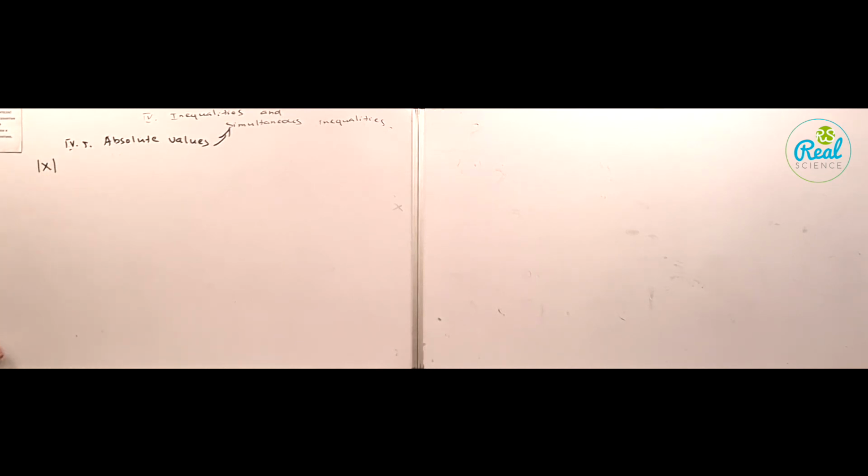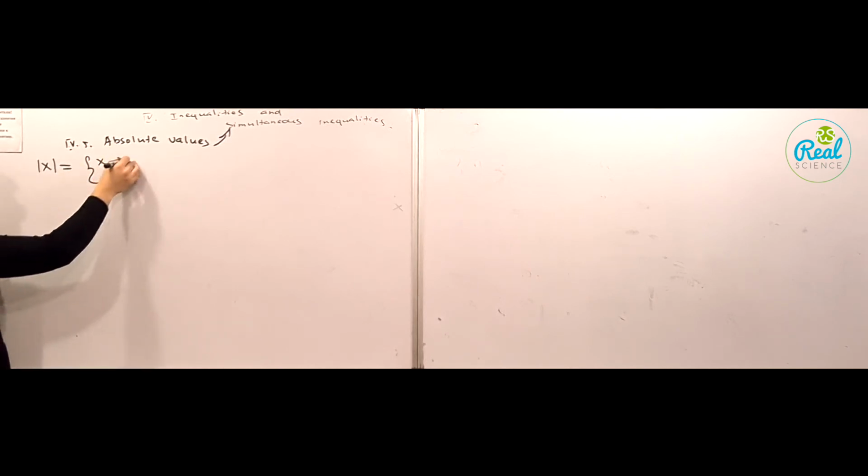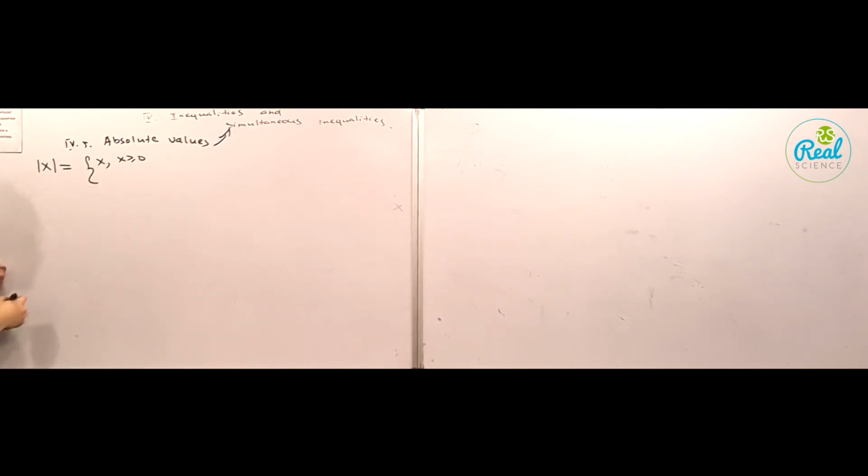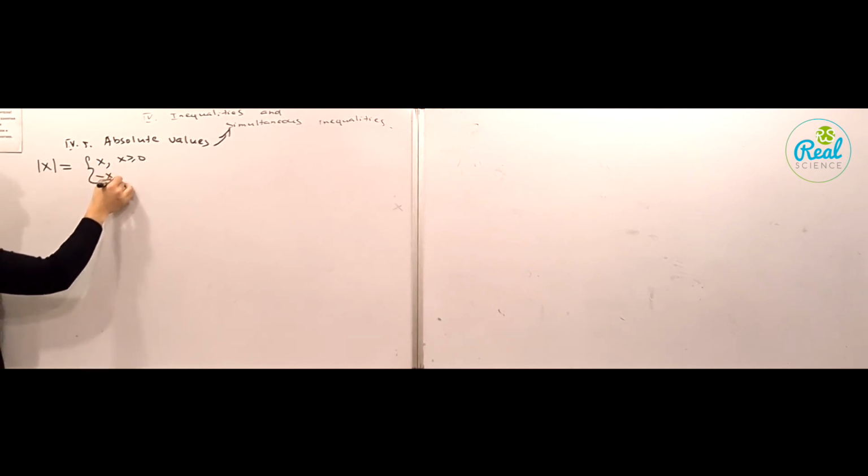Absolute value is a modulus, right? So the modulus makes some variables or numbers positive, right? So it might be equal to x when x is positive. Yes, it might be equal to minus x if your x is negative, right?